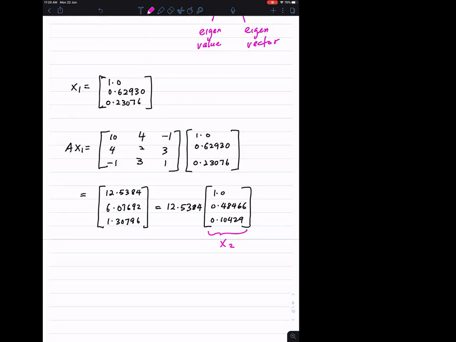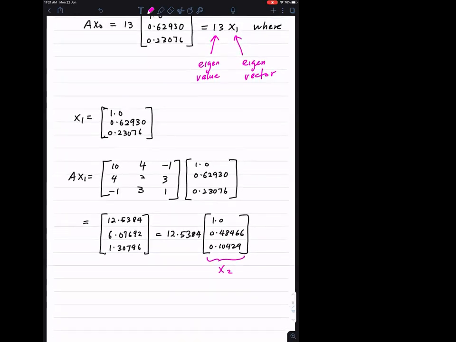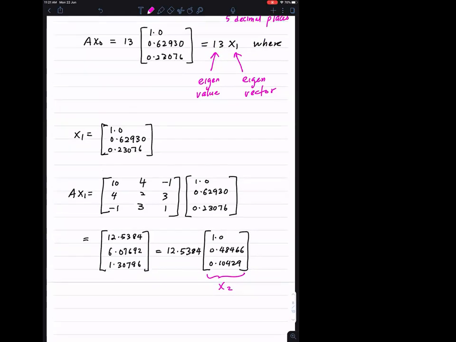Okay, now if you look at x1 and x2, so this is your x1 right here. If you compare with this x2, are they the same? No, right? The first row, they are the same.